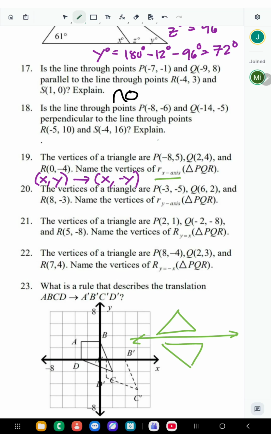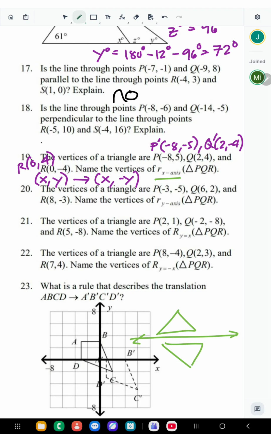So point P here, P prime, would become negative 8, negative 5. Then Q prime would become 2, negative 4. And then R would become 0, positive 4. Alright.